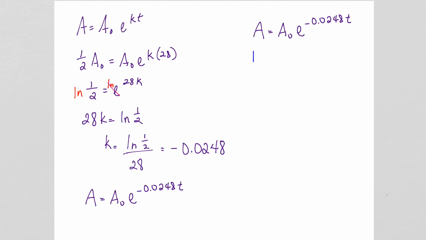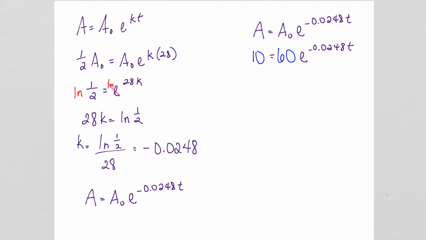So we want to decay to 10, and we started with 60. Get that out of the way a little bit. Okay, so divide both sides by 60. We'll have 1/6 equals e to the negative 0.0248 t.